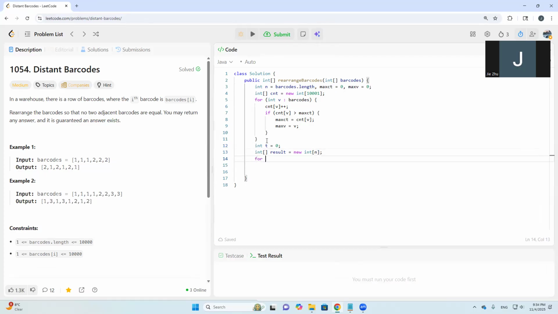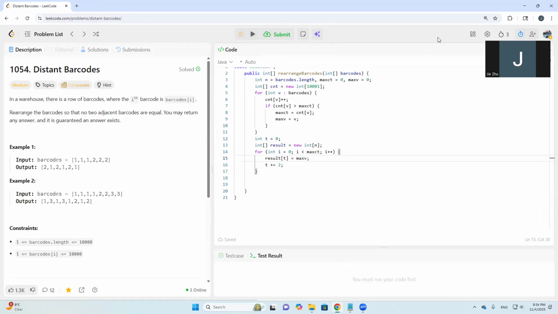What we do is for int i equals 0, i smaller than maxCount, i plus plus: every time t plus equal 2, and result[t] equals maxV. So we first fill the number with max frequency, and then fill the rest.